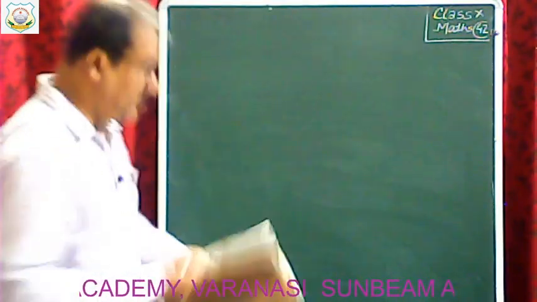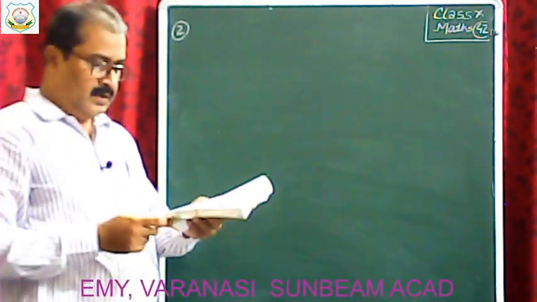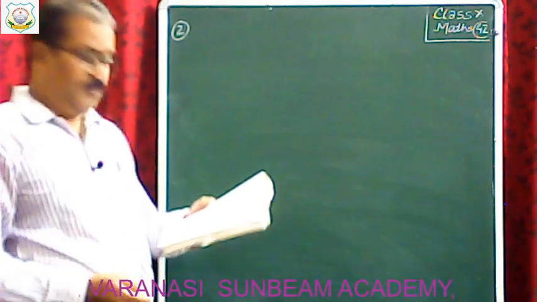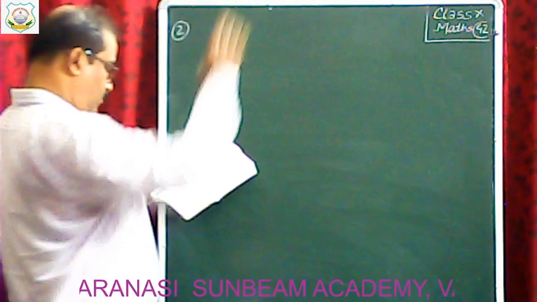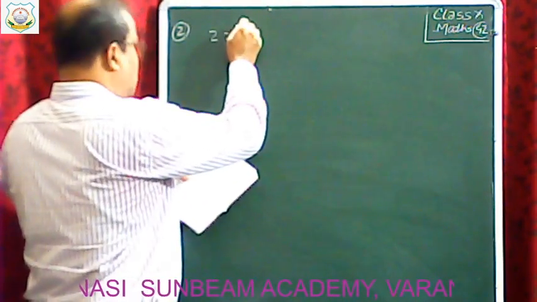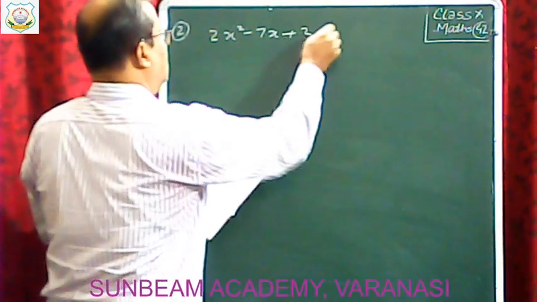Thereafter, question number 2. Find the roots of the quadratic equation given in 1 above by applying quadratic formula. Same question you have to consider: 2x square minus 7x plus 3 equal to 0.